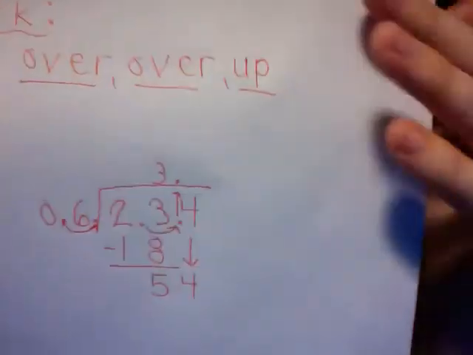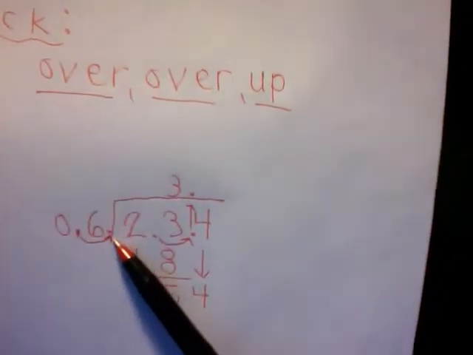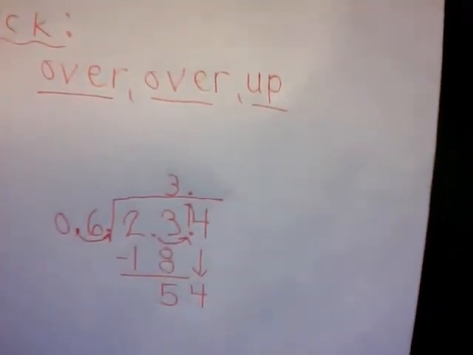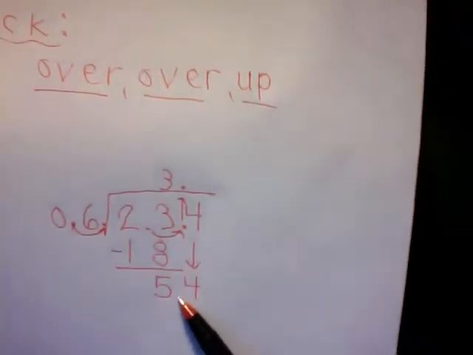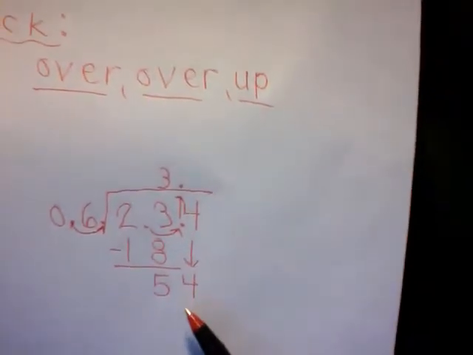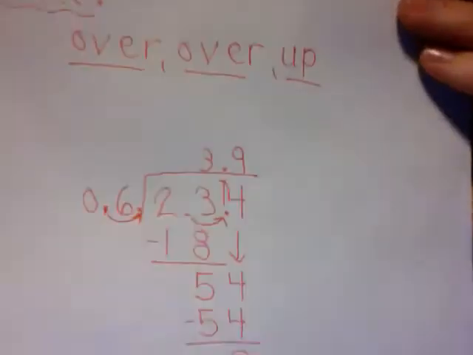Just trying to get ahead here a little bit. Okay, so now we're going to ask ourselves, how many times does 6 go into 54? And notice again, I do not carry down this decimal. We don't do that. How many times does 6 go into 54? That's 9 times. And I know that 9 times 6 is 54. So I've now finished the problem.